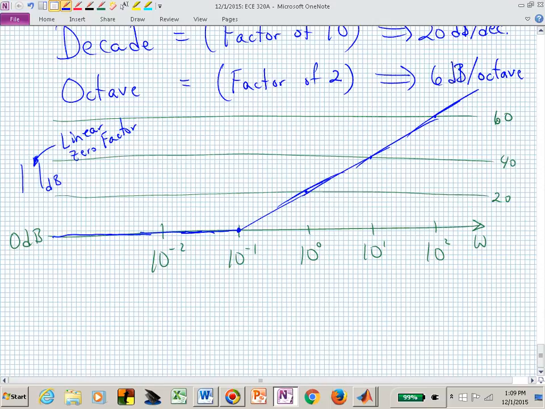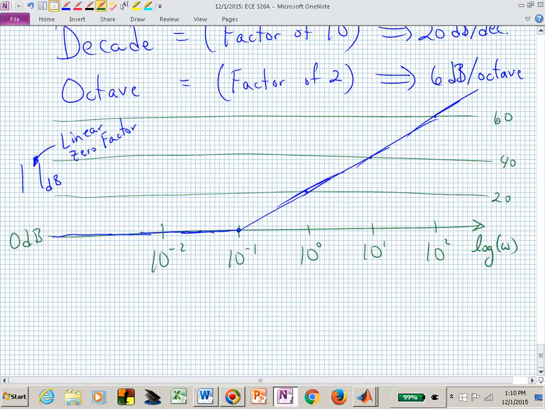No, so the question is a valid question. I said that I get a little bit sloppy with my labeling. This is really log of omega, but a lot of times I just label it as omega. But this is a semi-log, and why are we doing it with the log of omega to begin with? To save trees. So we can fit more frequencies on a narrow piece of paper.